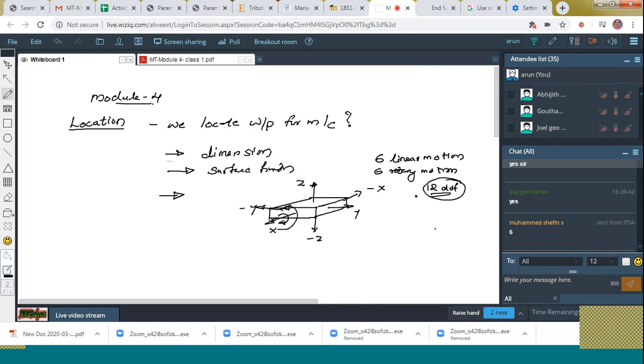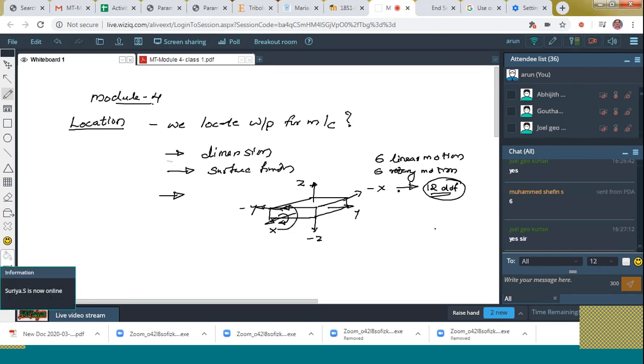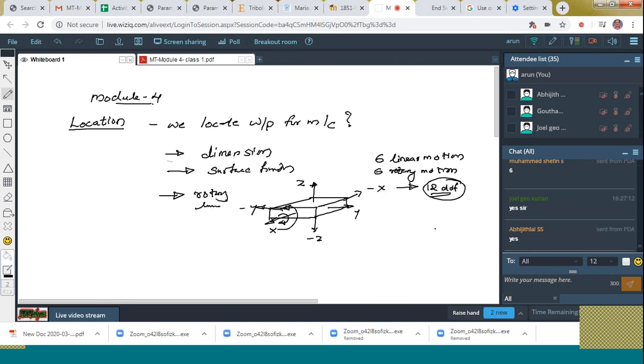By means of location, you have to arrest all these motions, the rotary as well as linear motions. Is it clear to all?